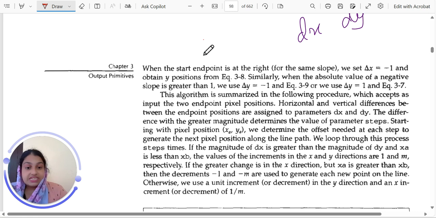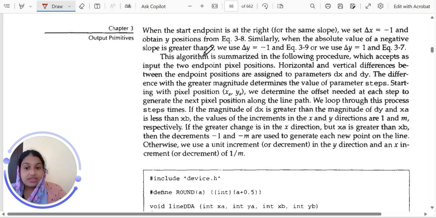If the magnitude of dx is greater than the magnitude of dy and xa is less than xb, the values of the increments in the x and y directions are 1 and m respectively. If the greater change is in the x direction but xa is greater than xb, then the decrements minus 1 and minus m are used to generate each point on the line.